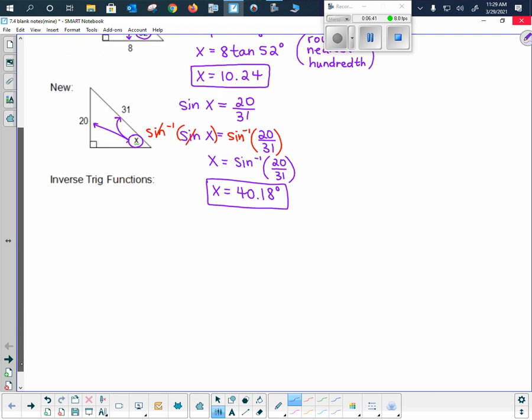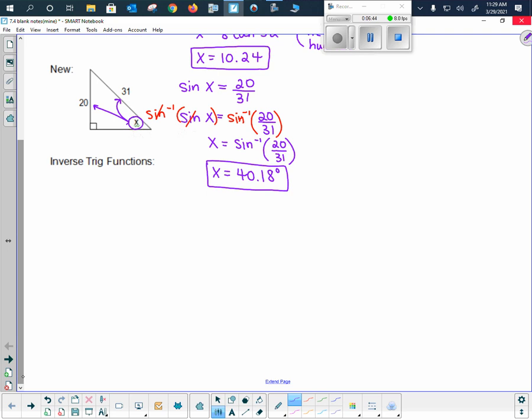Okay. So here we go. Here's what we've just done. So inverse trig functions are the arc sine, arc cosine, arc tangent. And just like you just heard me call them, they are also called arc sine. So sometimes it's written this way also. Arc cosine and arc tangent.